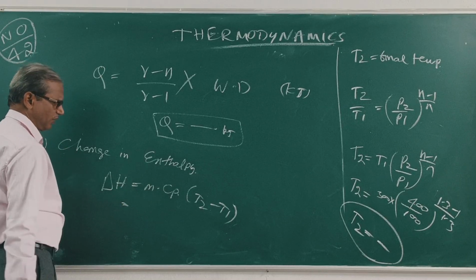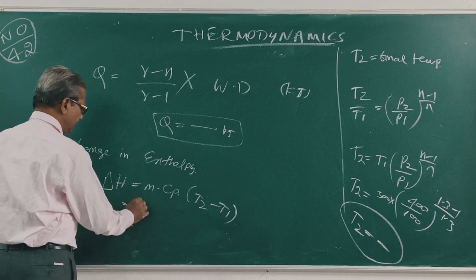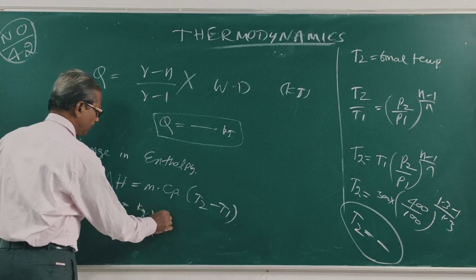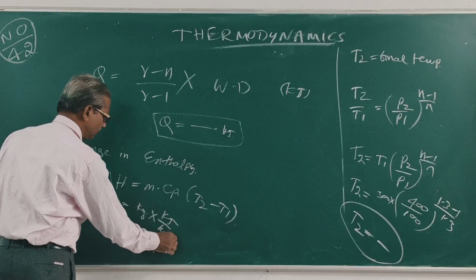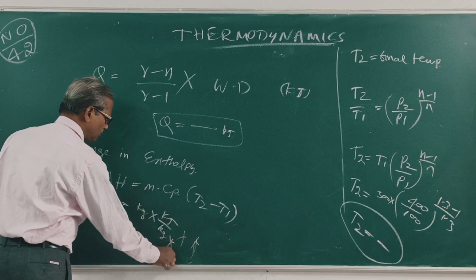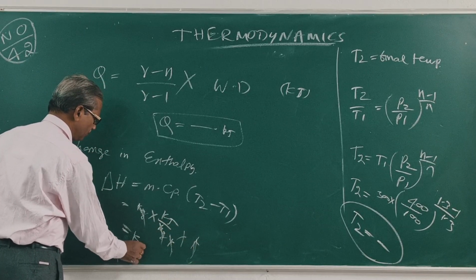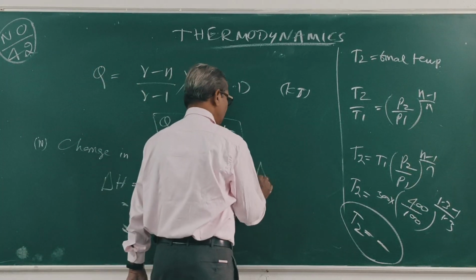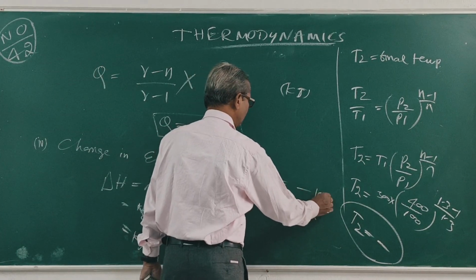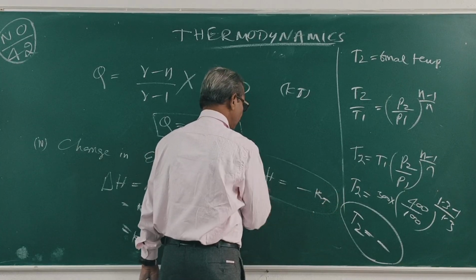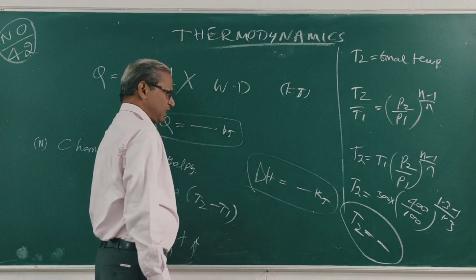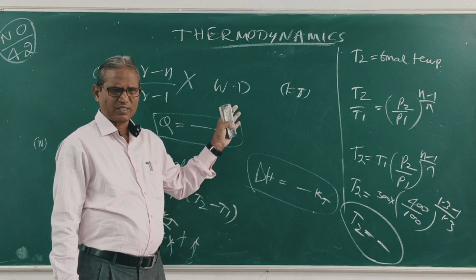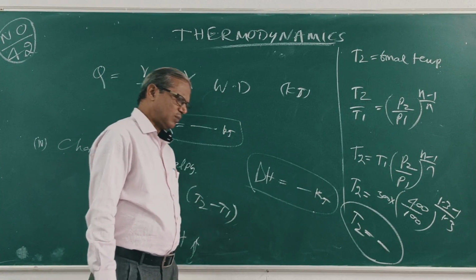Cp is 1.005 kilojoule per kg Kelvin. This is T2 minus T1 in Kelvin. So the answer is also in kilojoule. Right? So find delta U and delta H in kilojoule. These are 4 answers, all in kilojoule. So use calculator and find the answer. Right? Next, question 43.